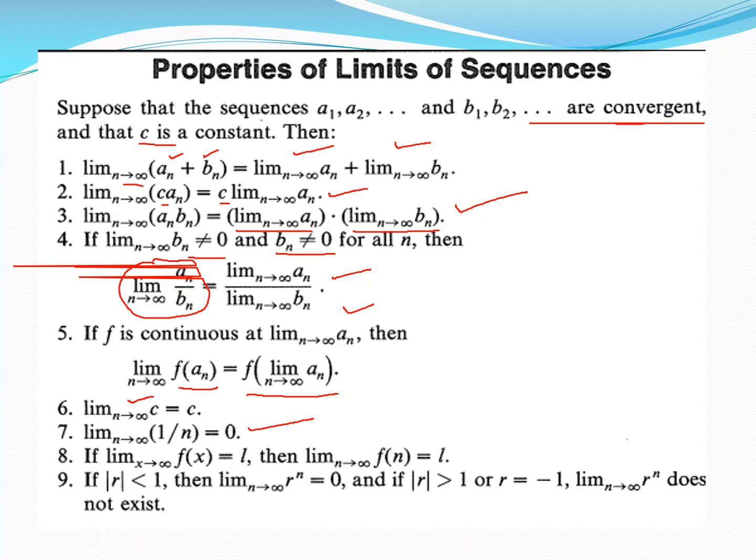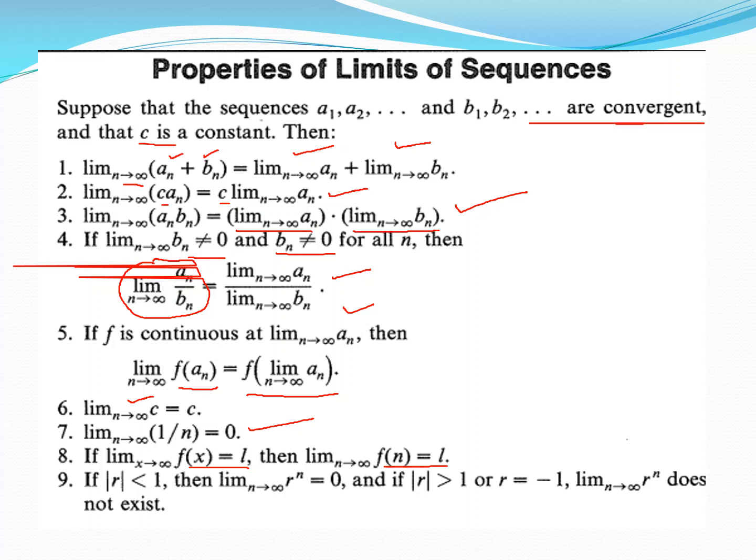In the eighth property, if the limit of f of x is equal to L when x approaches infinity, then the limit of f of n is also equal to L as n approaches infinity.